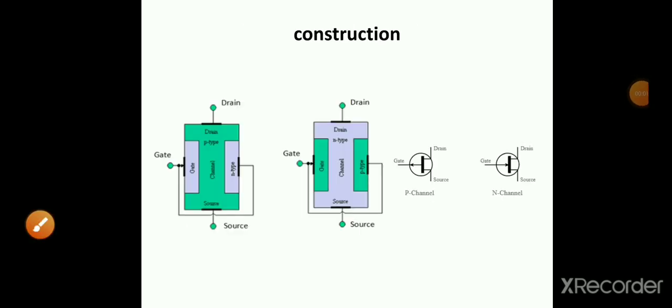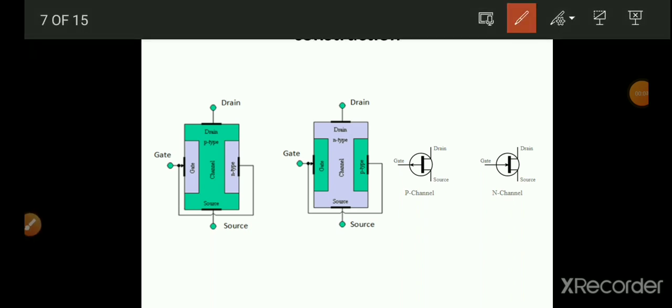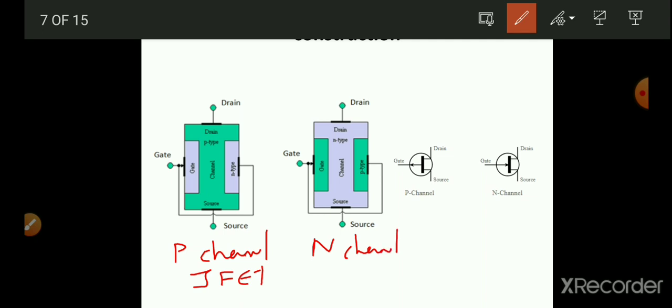In the construction of the junction field effect transistor, this figure shows first the P channel JFET and second the N channel JFET, and these are the symbols of P channel and N channel. In a P channel JFET, the channel is P-type. Here the channel is a semiconductor bar sandwiched between two heavily doped N-type regions.